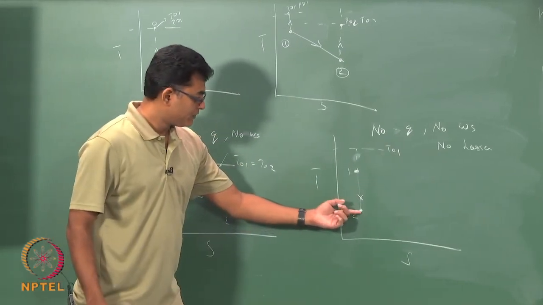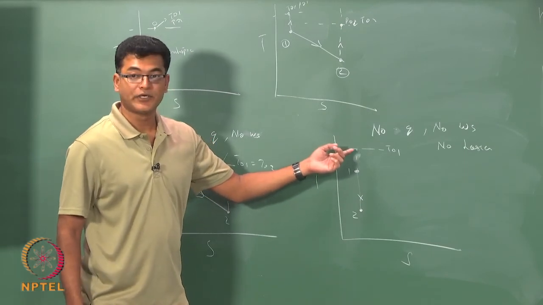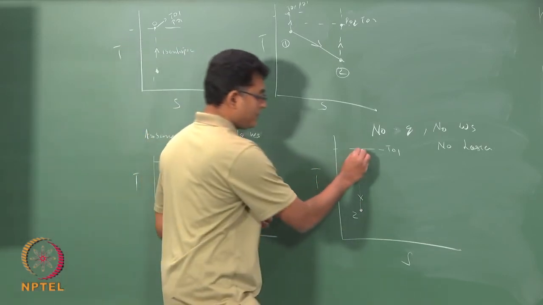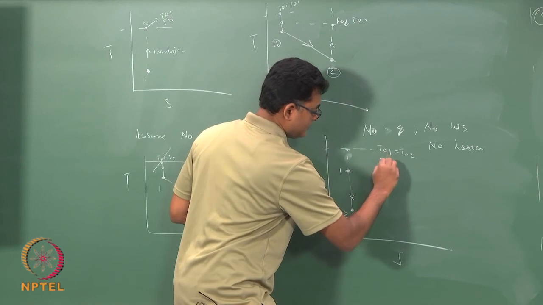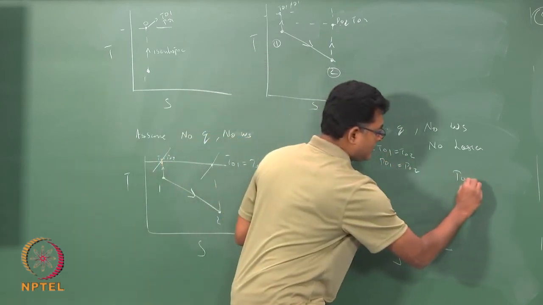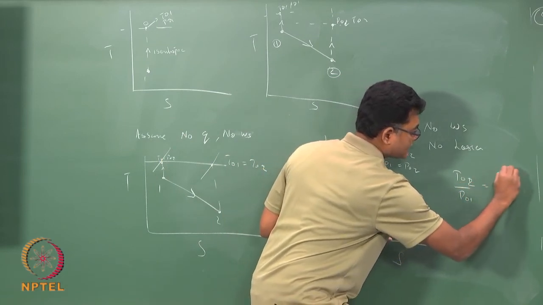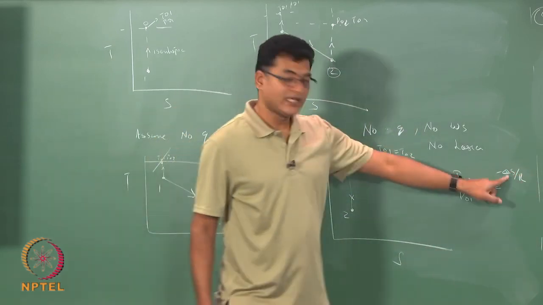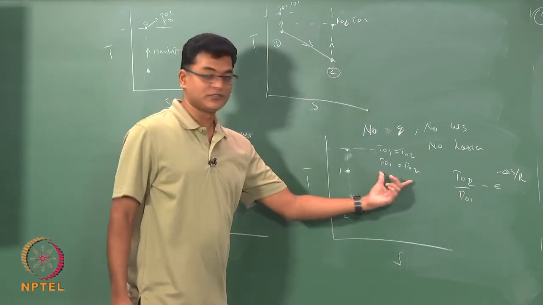This state 2 will have the same stagnation point. So, T01 and T02 will be the same, and my P01 and P02 will also be the same, because P02 by P01 is e power minus delta S by R, where delta S is now 0. If that is 0, then my P01 and P02 are the same.